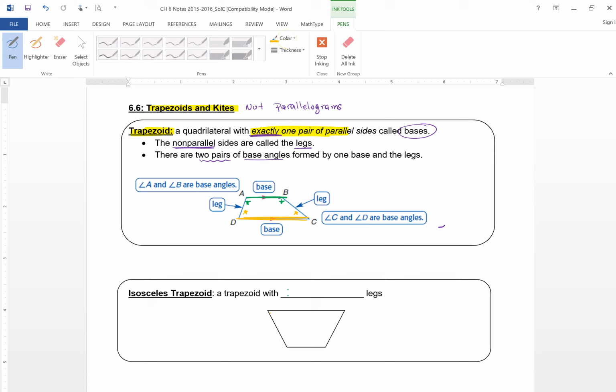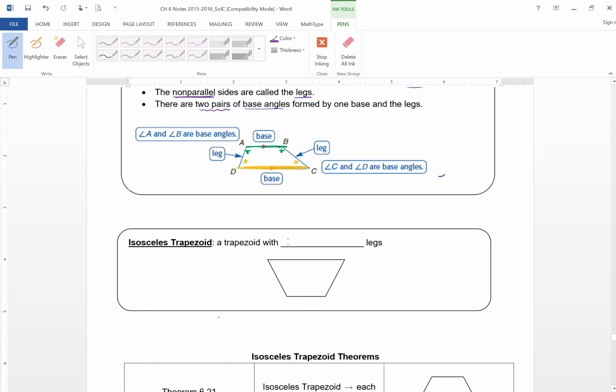All right. So what's an isosceles triangle? Right, it's a triangle with at least two congruent sides. An isosceles trapezoid is a trapezoid with congruent legs. So the bases aren't congruent. The legs are congruent. Okay?